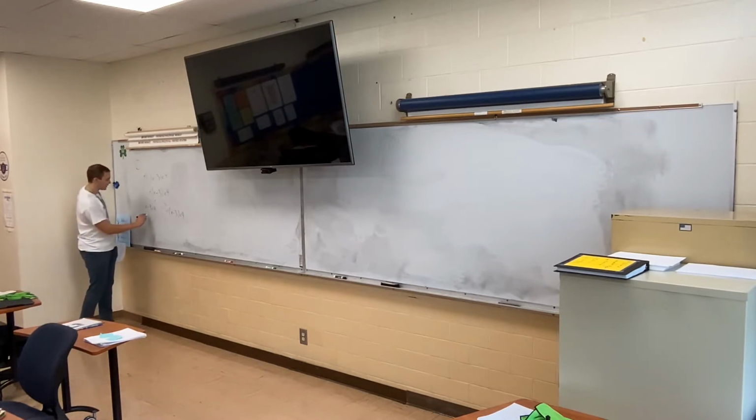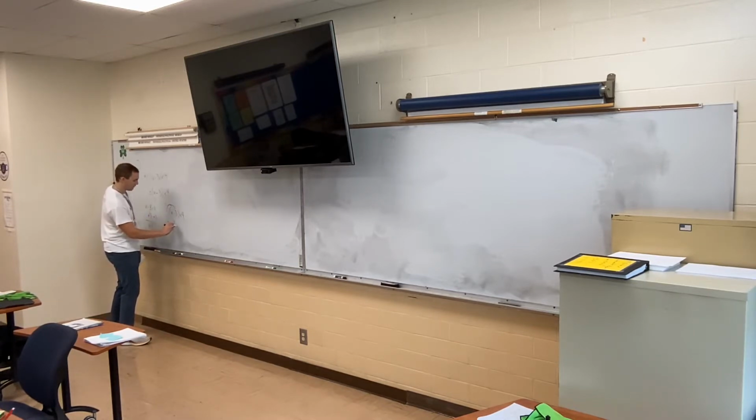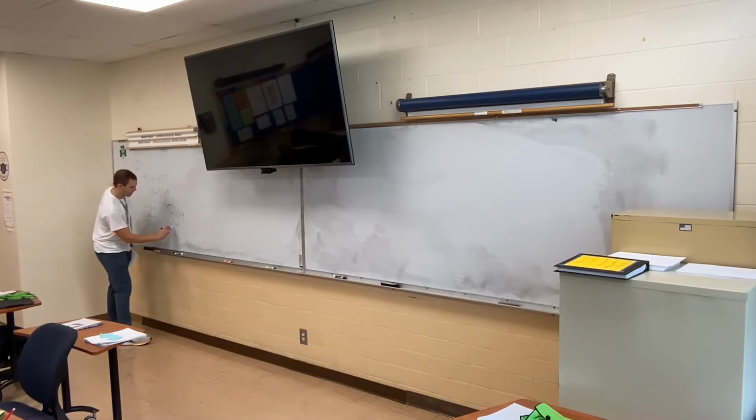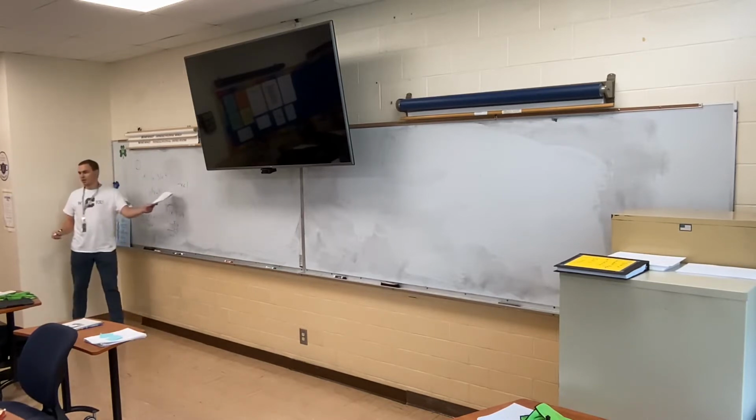First inequality, I just solve by adding 3 to both sides, and x is less than 7. This other one, I got to distribute the negative. I get negative x plus 3 is less than 4. Subtract 3 from both sides. Negative x is less than 1. How do I solve for x here?